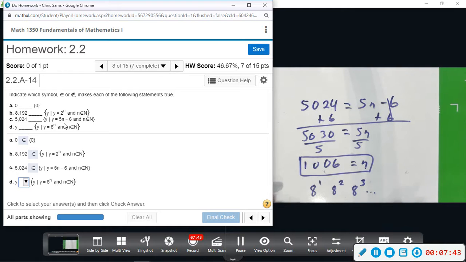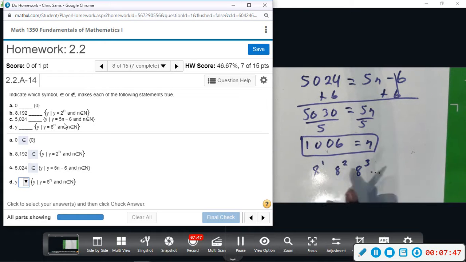So these will be the elements in that set. Furthermore, if we were actually to multiply them out, we would get 8, 64, and so forth. So the letter y is not in this definition. So y is not an element of this set. It's just a symbol representing the numbers that would be in the set.